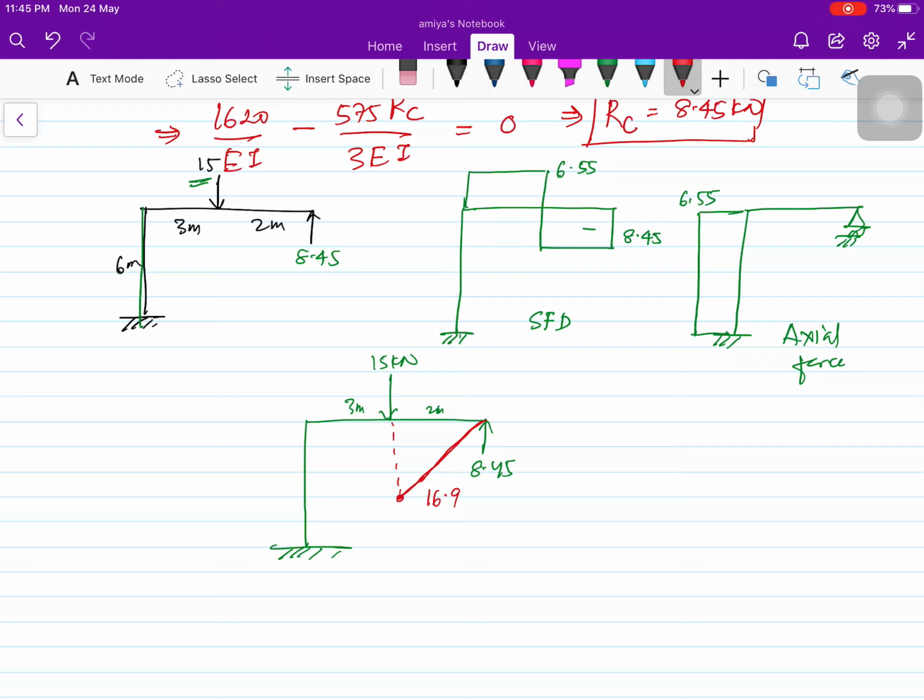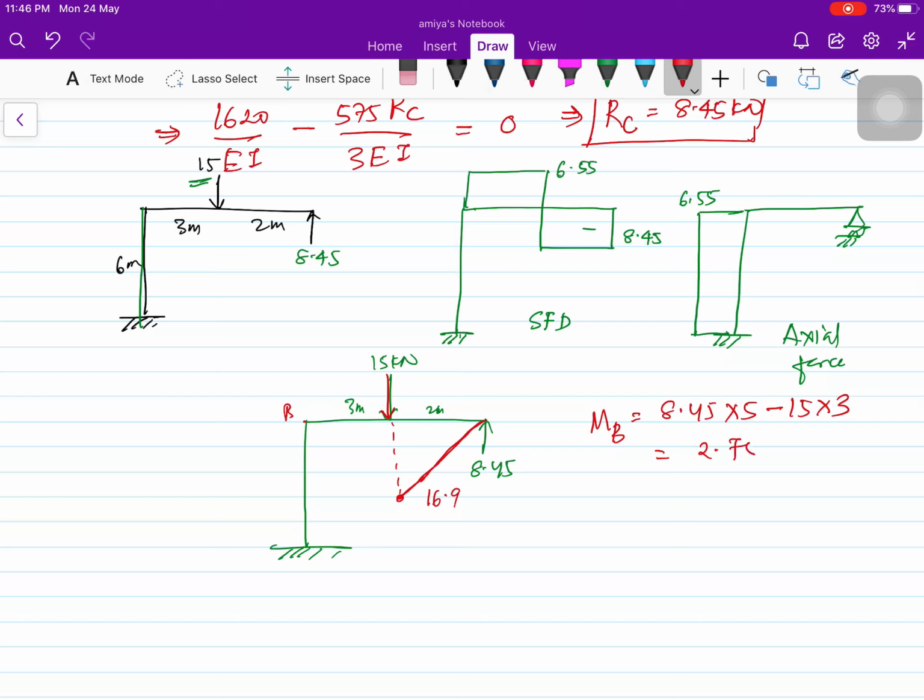Okay, this is 16.9. After that, if you want to find out what is the moment at B, so moment at B is equal to 8.45 multiplied by 5 minus 15 multiplied by 3.